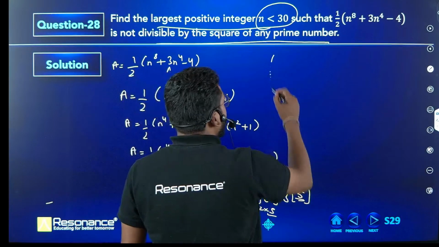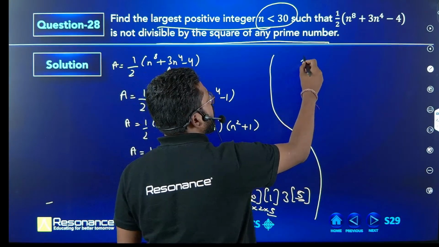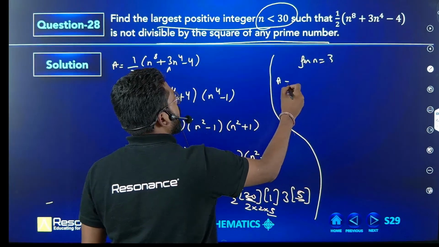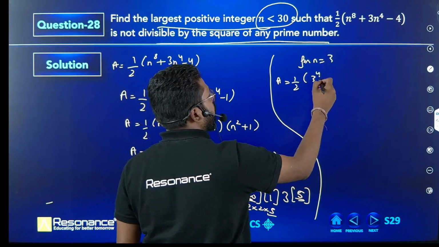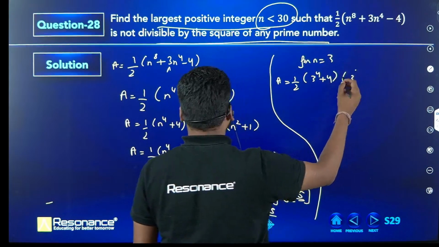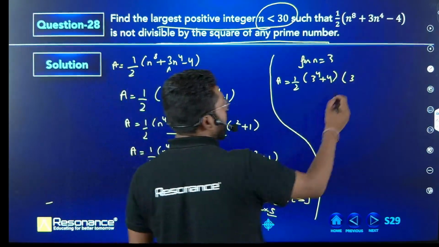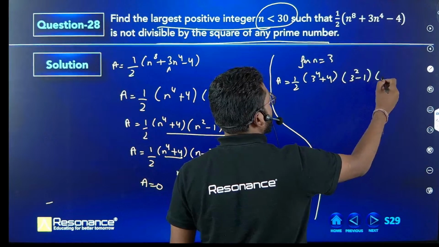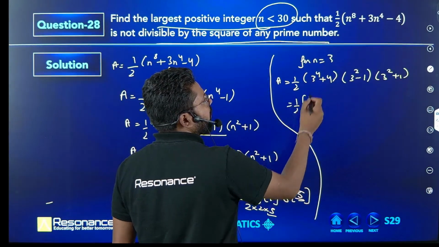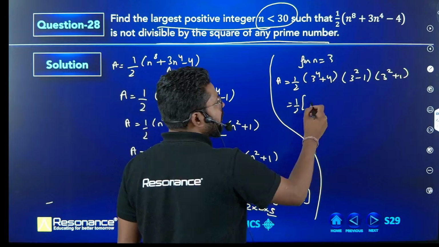Again for n equals 3, a will be half into (3 raised to the power 4 plus 4) into (3 square minus 1) into (3 square plus 1). 3 raised to the power 4 is 81, 81 plus 4 is 85.